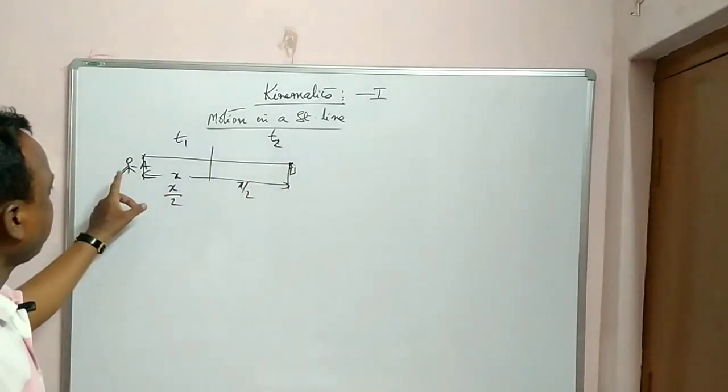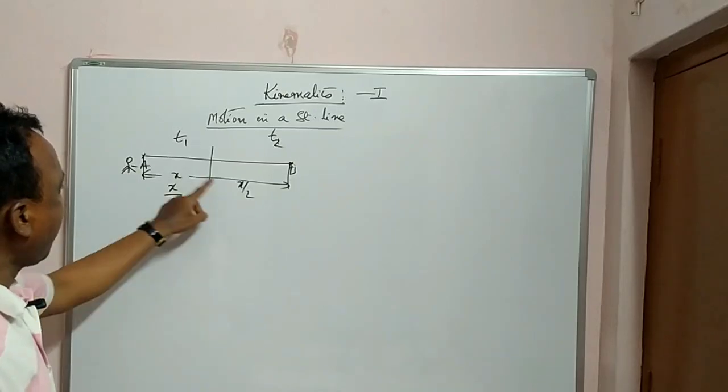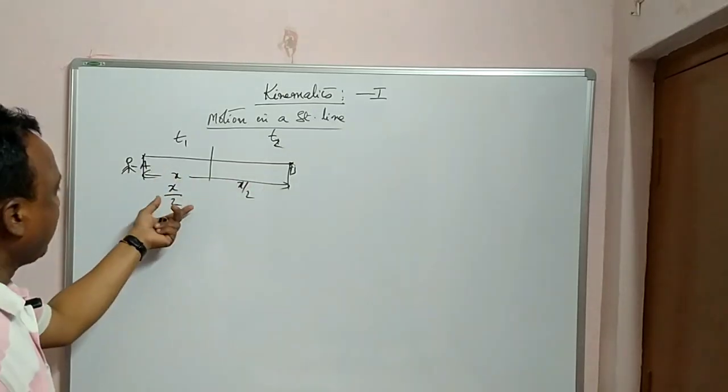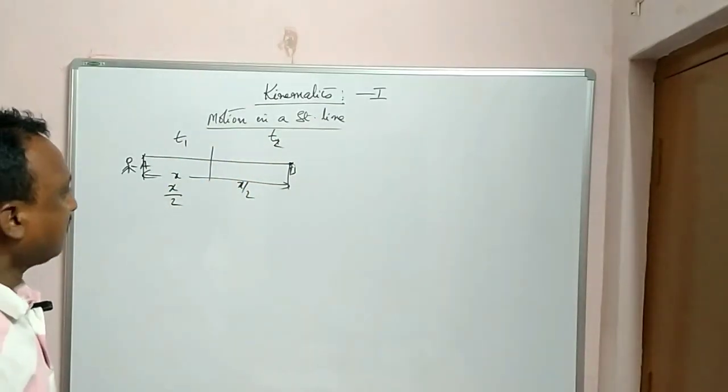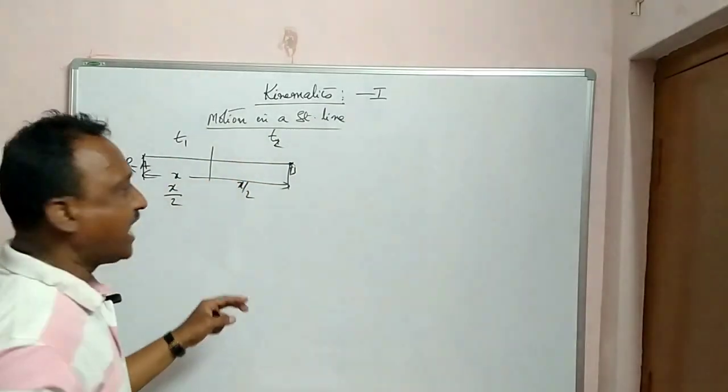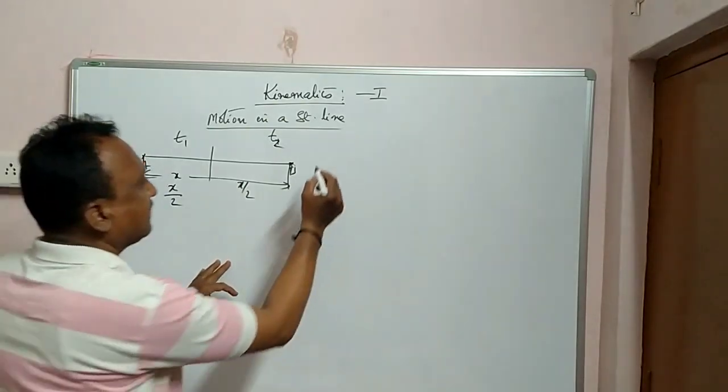Let us assume that the same person travelled half of the total distance x by 2 in t1 and another x by 2 in t2. Now we will calculate the average velocity and average speed.